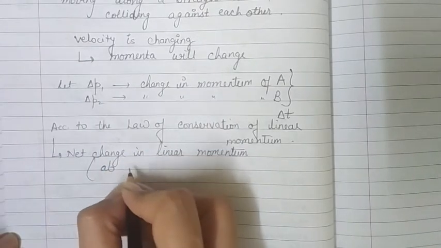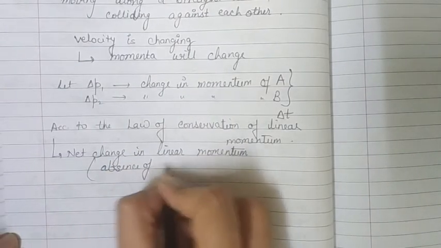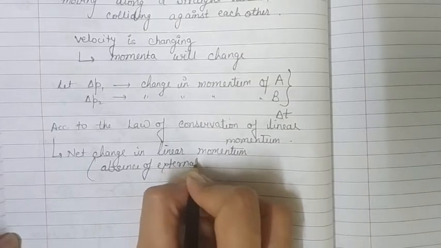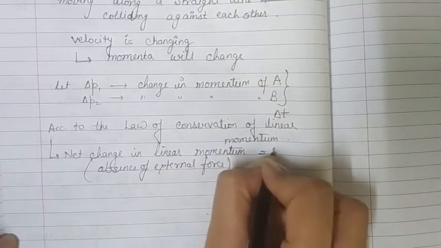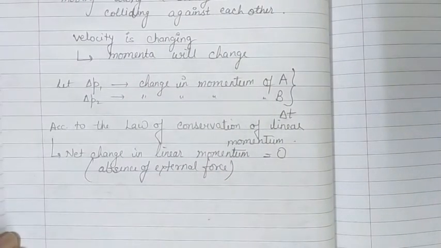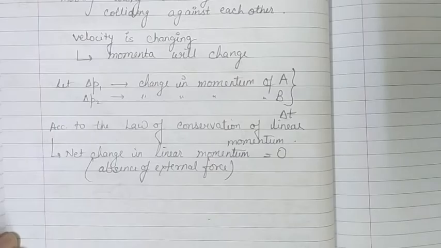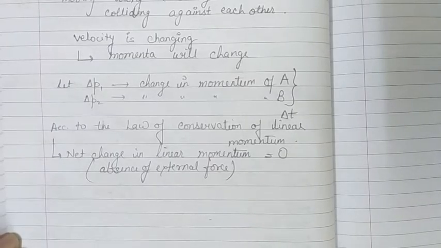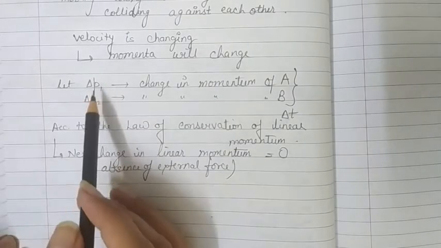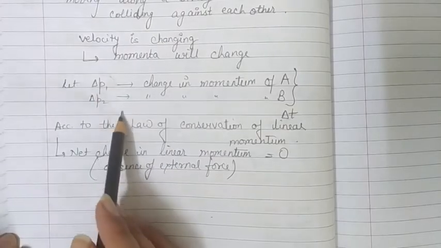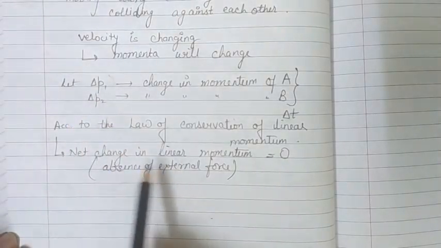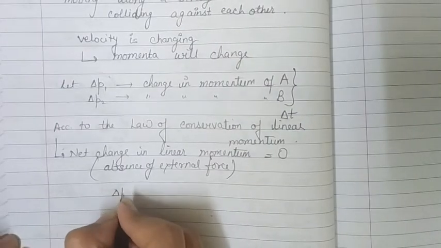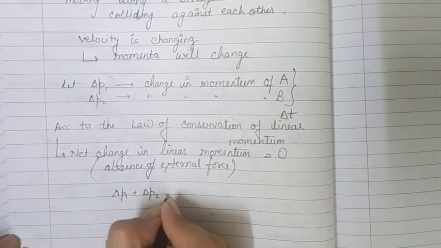Here we have two changes in momentum: delta p1 for object A and delta p2 for object B. So the net change in momentum is delta p1 plus delta p2, and according to this law, it should be 0.